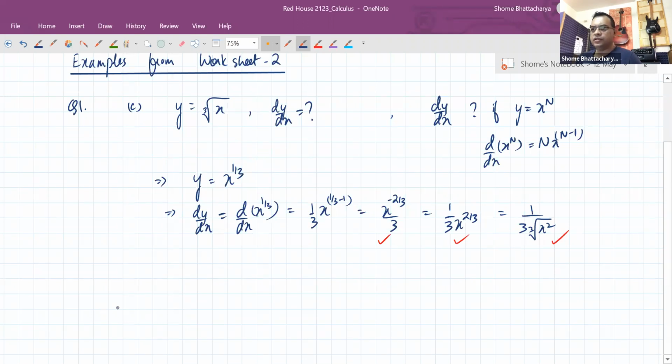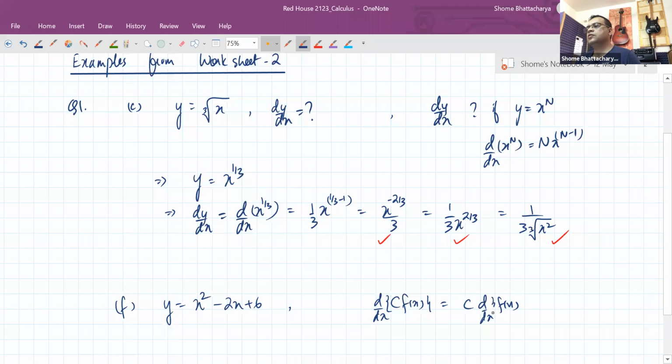Then similarly, if we look at the part F over here, y is equal to x square minus 2x plus 6. So in this, I'll be using two properties of differentiation. Okay. So one of the properties is that differentiation of some constant multiplied by a function becomes the constant times differentiation of the function. So I'll be making use of this property.